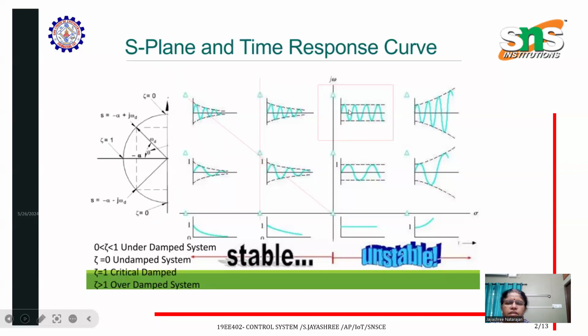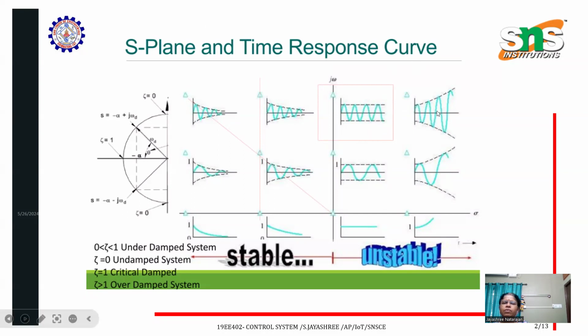Then the second one is a neutral system. There is no damping needed because the system oscillates within the limits. So this is a neutral system.